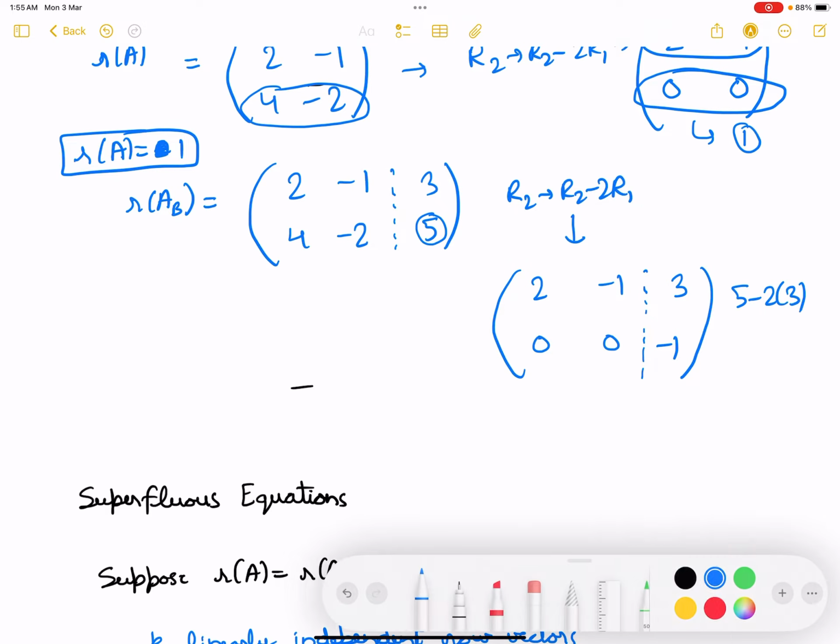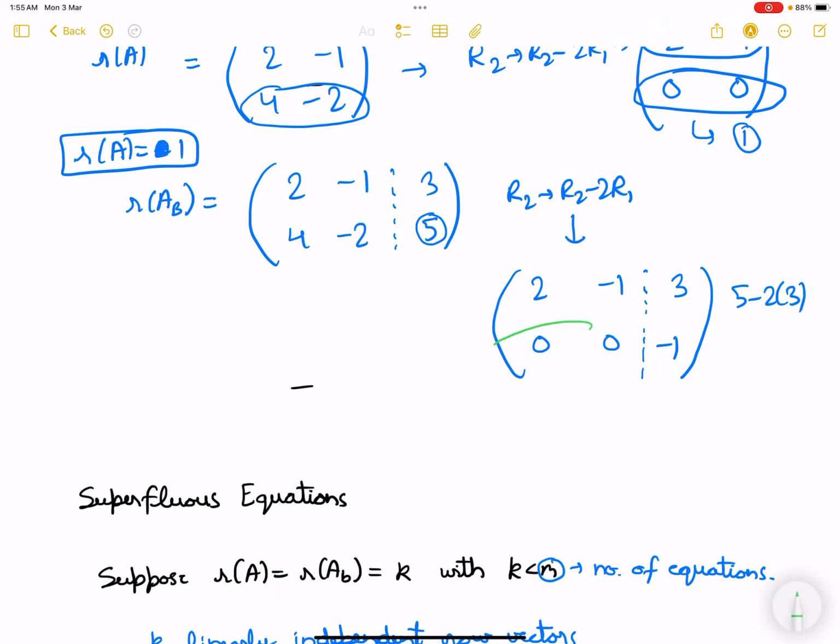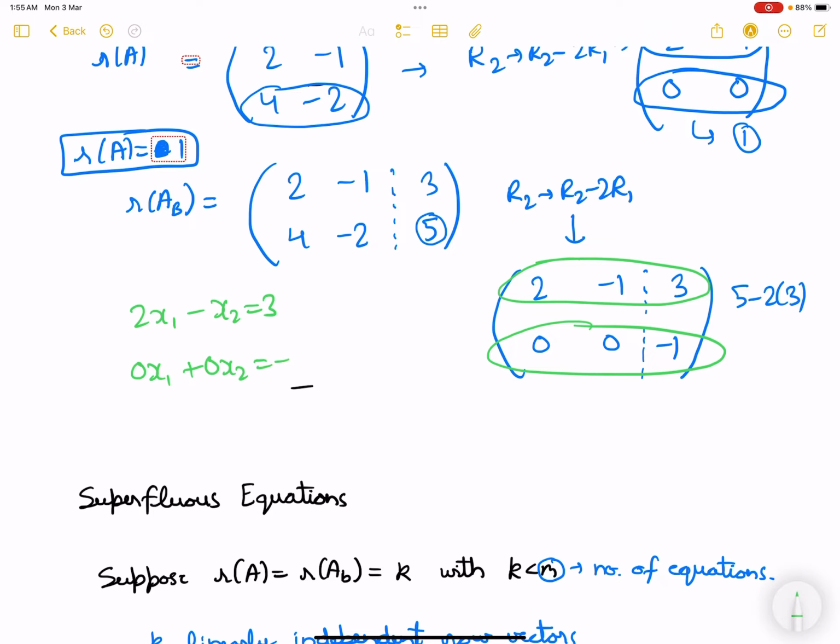Now look at this, this is very important. The first equation can be written as 2x1 minus x2 equals 3. The second equation can be written as 0x1 plus 0x2 equals -1. So in this case, the rank of A augmented B is coming out to be 2.